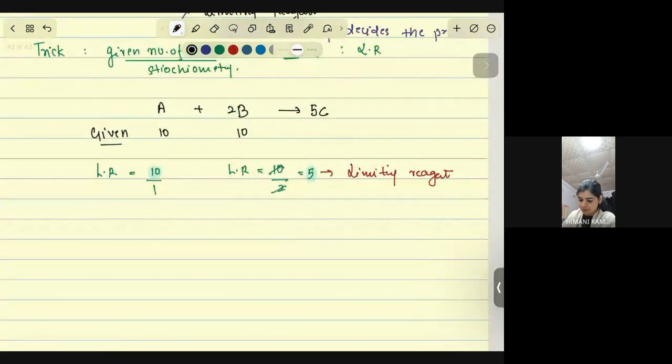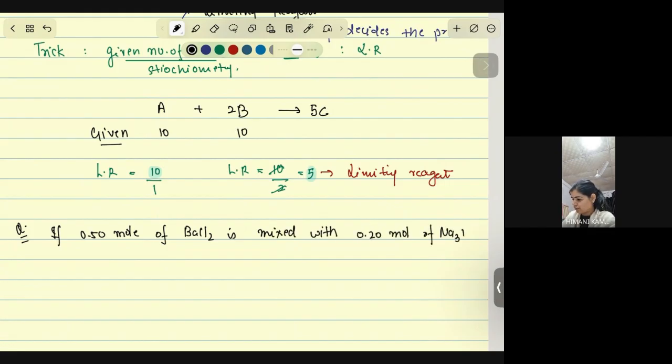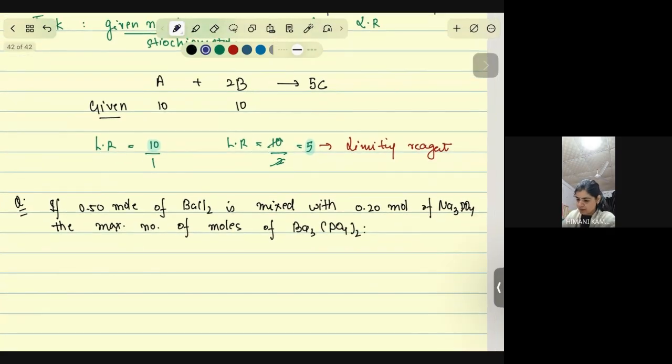Let's do one question. If 0.5 mole of BaCl2 is mixed with 0.2 mole of Na3PO4, the maximum number of moles of Ba3(PO4)2 will be? First, write the equation.